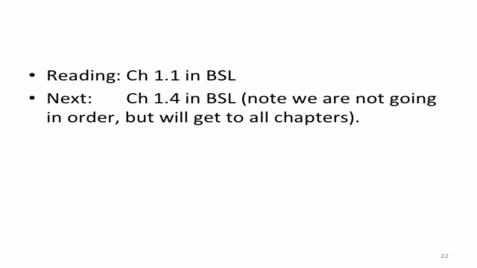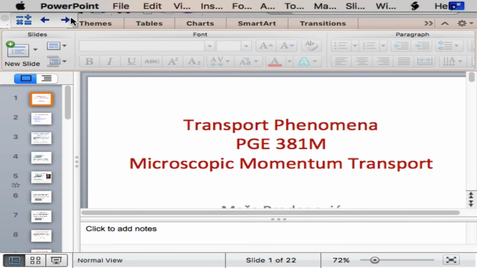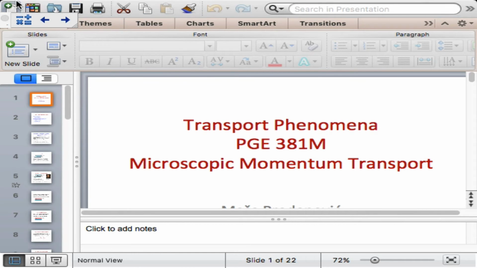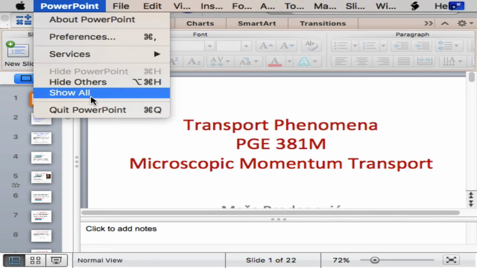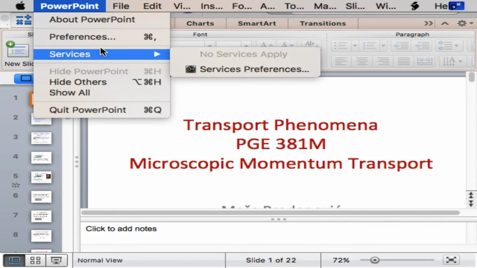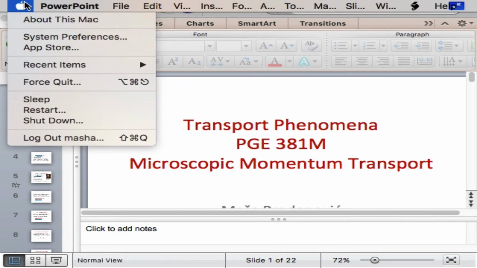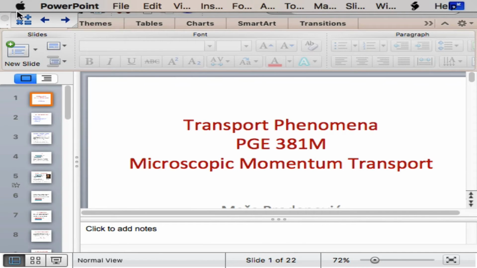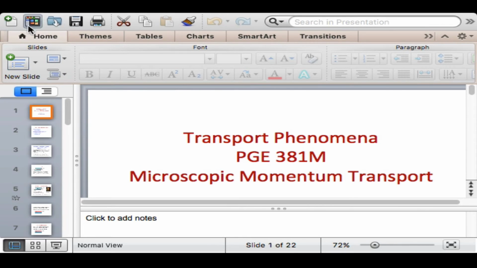You're going to get much more out of the class if you read it through, because I don't think most of you were exposed to these concepts. I'm just going to quickly start it. If I can communicate with my system, okay, I'll be back in a second.